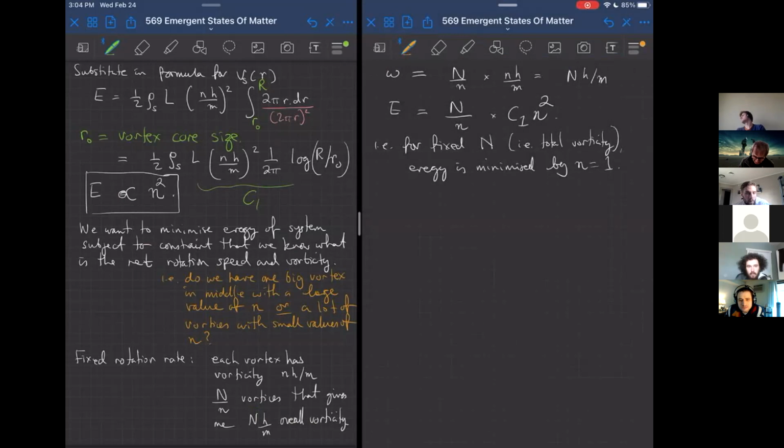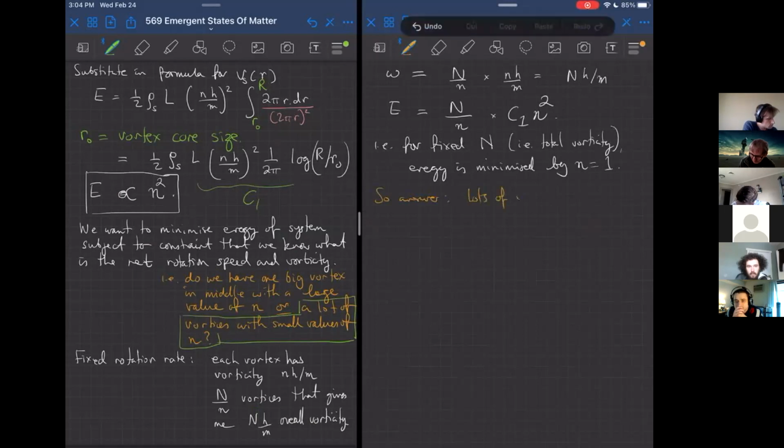The actual answer that we see, that we just calculated, is that this is the possibility that we actually get: lots of vortices with n equals 1.